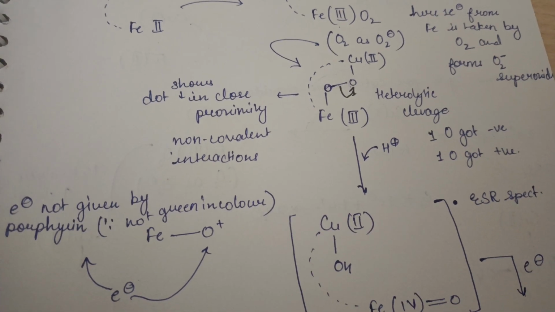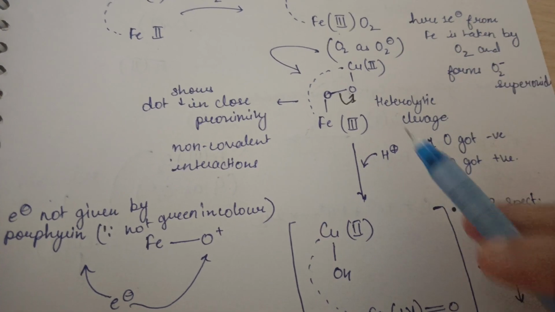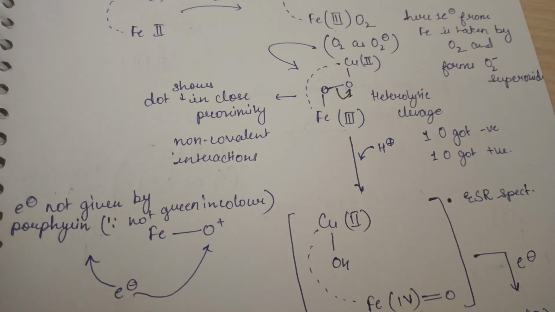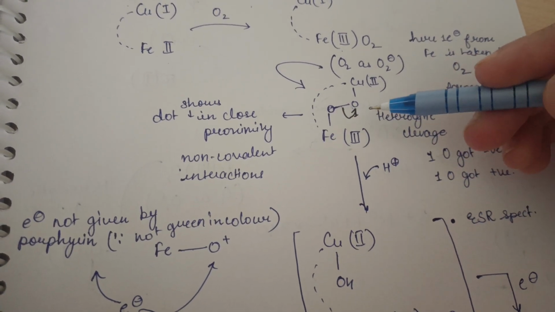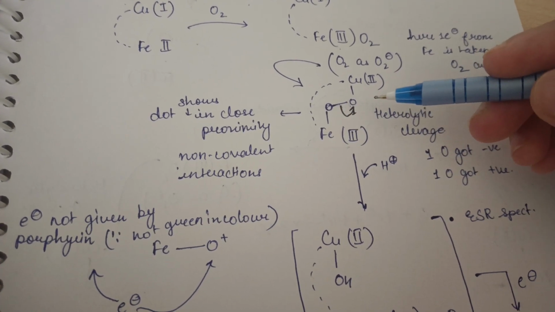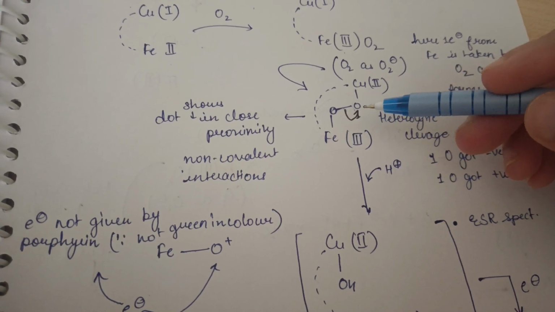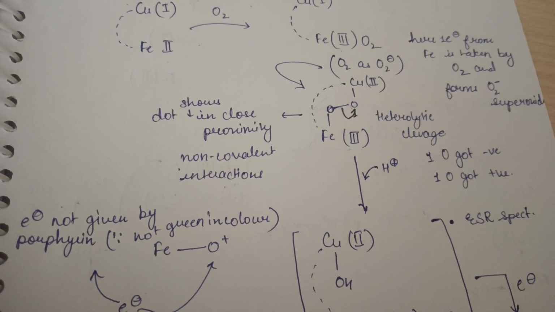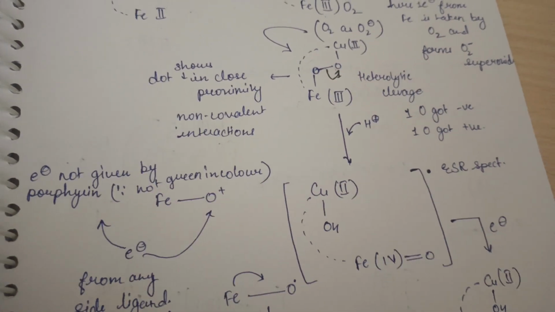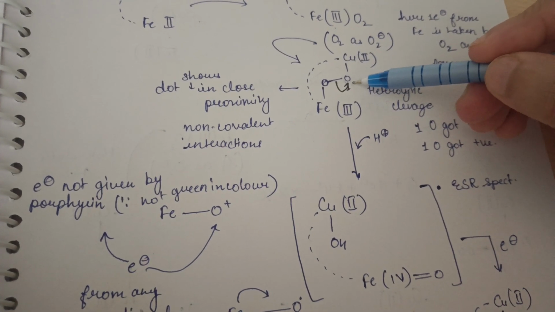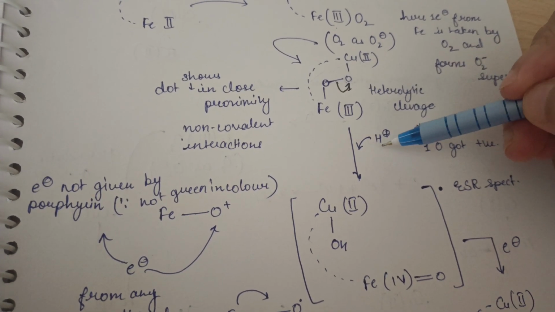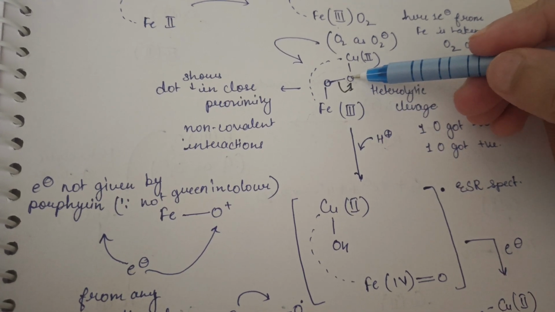Now we are adding 1 H plus, and here there will be heterolytic cleavage taking place. That means 1 oxygen will get a negative charge and 1 will be positively charged. The bond has broken to this side, so this oxygen will get a negative charge, and this H plus will come and bind here.